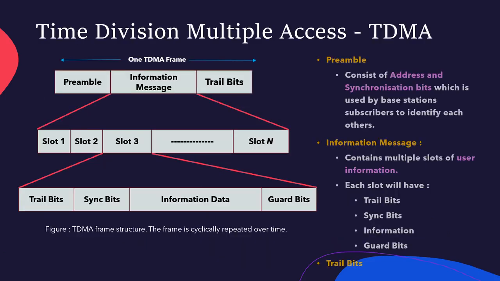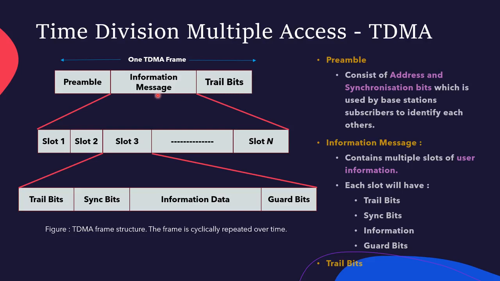Time division multiple access. Here we will see how the TDMA frame format can be visualized. In one TDMA frame, it can be divided into three categories: preamble, information message, and trail bit.